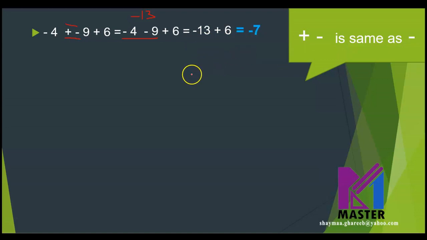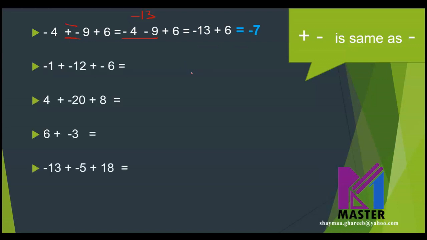Is this clear? We are going to do exactly the same with all the coming examples. The first example here, -1 plus -12 plus -6. I want all of you to try to do it on your own, then check your answer with the video.